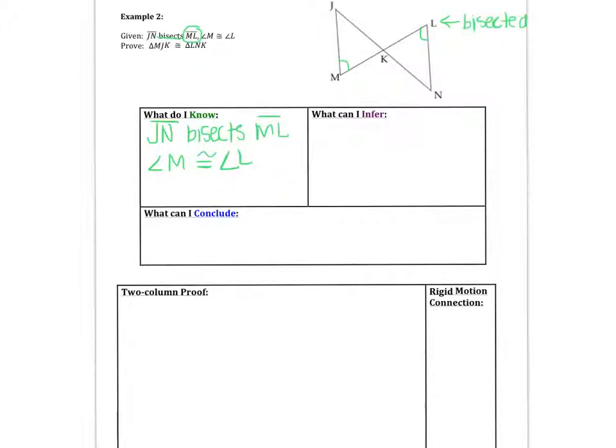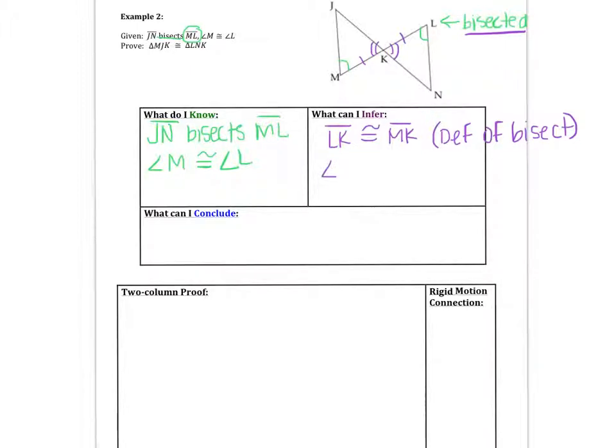All right, so that's all that I'm given. So now what can I infer? All right, well, I need to use this word bisect. Well, I know that bisect means to divide in half. So this segment is going to be divided in half so that LK is congruent to MK. And I know that because that's the definition of bisecting. I just used that term to infer something. So when I look at this, what else? I see I have an angle and a side, so I need something else. And when I look at it, I also see that I have some vertical angles.